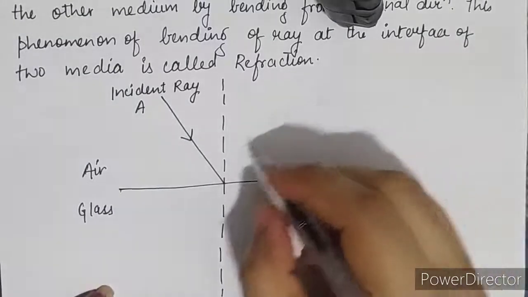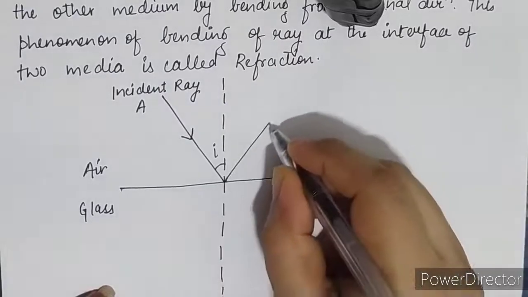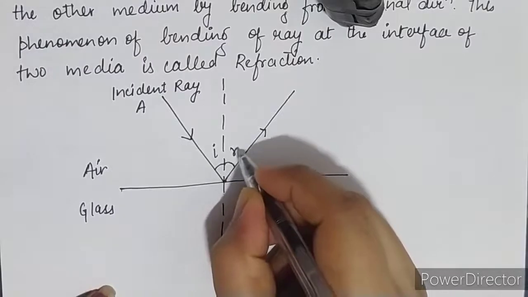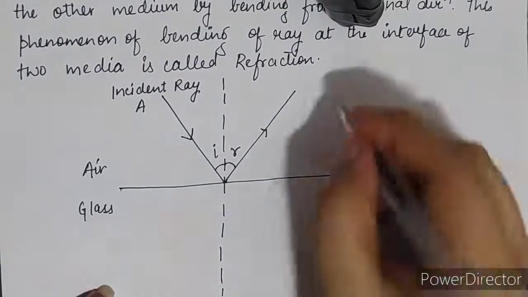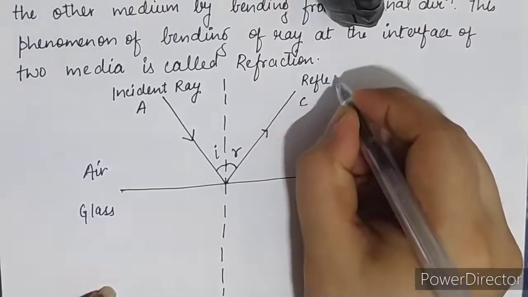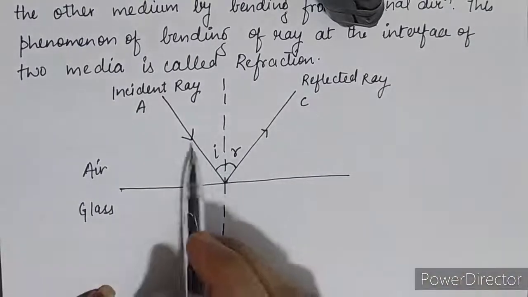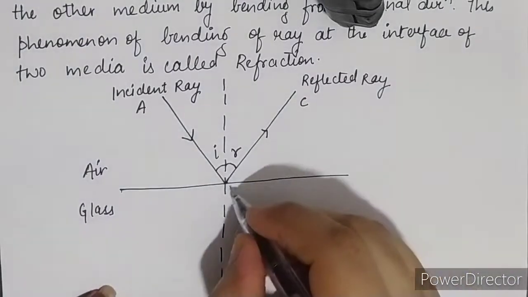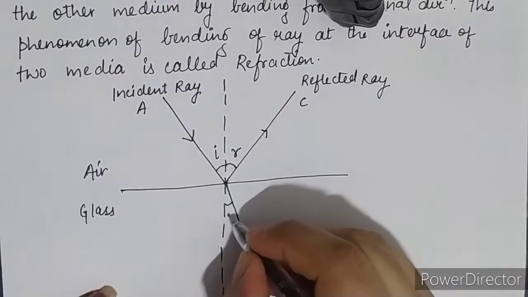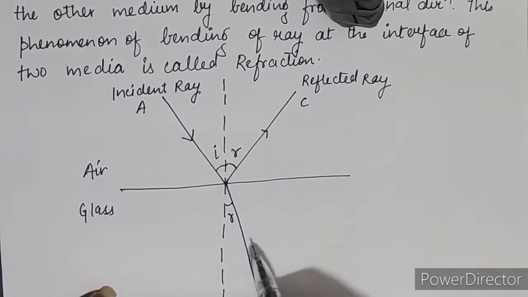Some part of it is reflected, obeying the reflection law, angle i equals angle r. So this is the reflected ray. And as the medium changes, the rest is bent from its original path. This is angle r.